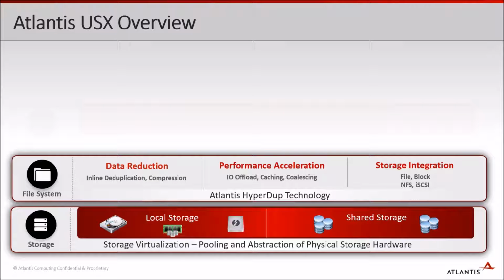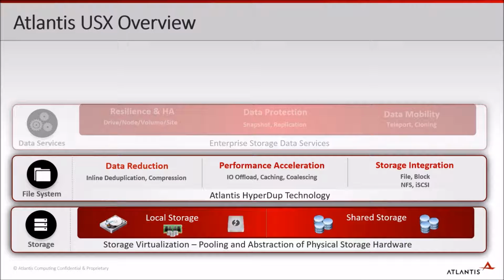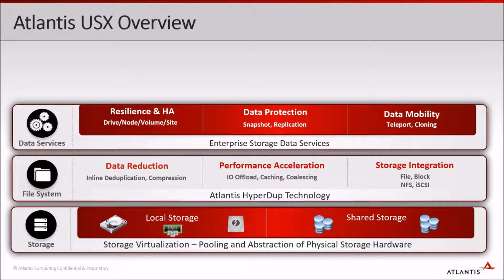And then we present that storage as either an NFS share or as iSCSI share. Once we have done the data reduction and the performance acceleration, we overlay our enterprise data services on top of that, and this is where things such as snapshots, replication, and now stretched clusters actually become relevant.